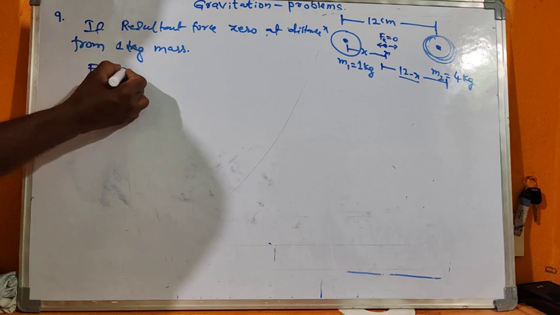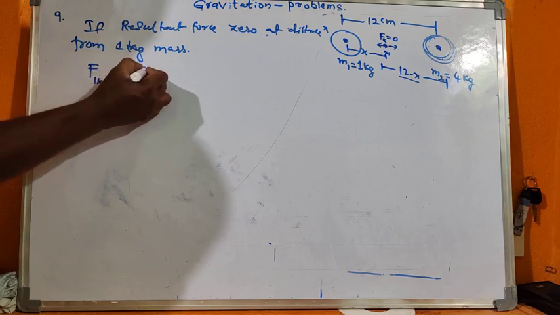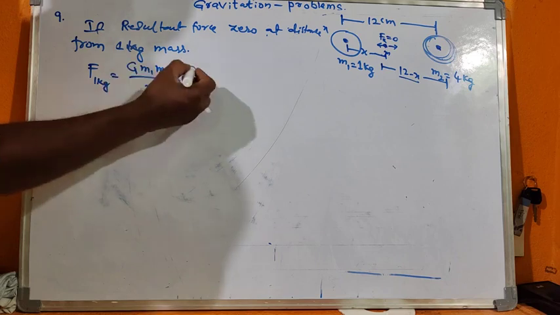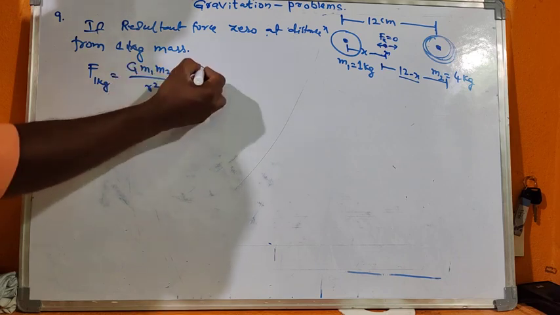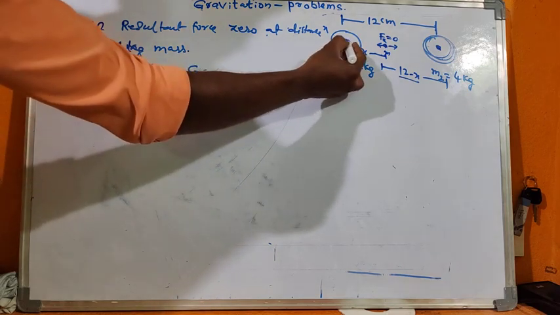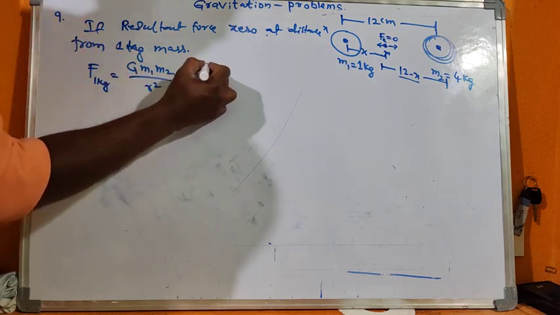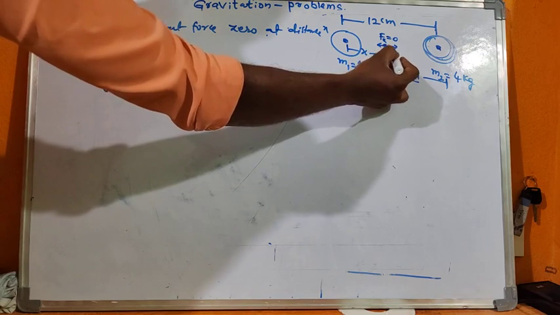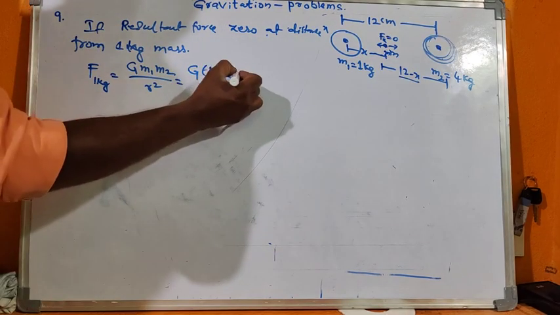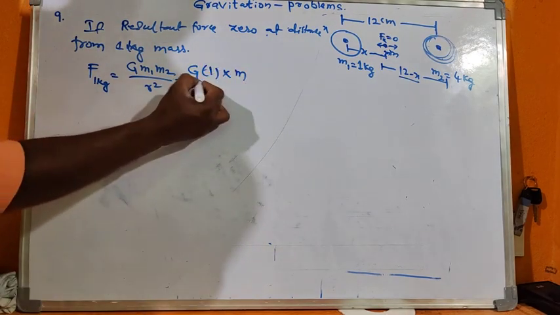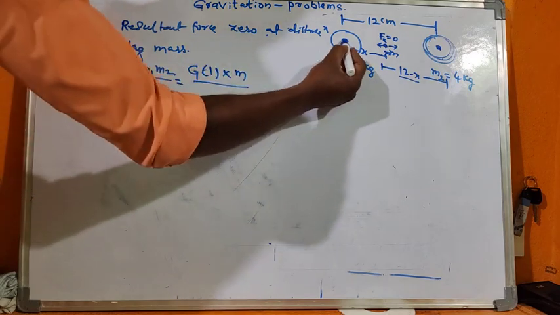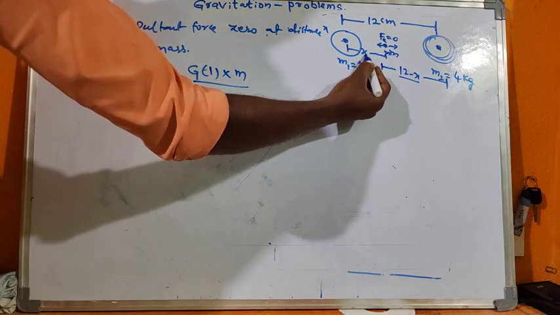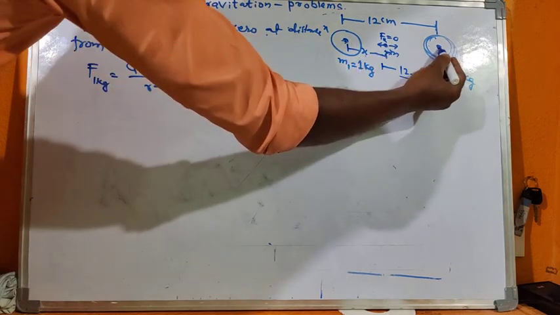Then the force by the 1 kg mass at that distance is G m1 m2 by r square. Here m1 is 1 kg, and we keep another object of mass m, and r is the distance from the 1 kg mass, which is x, not the 12 centimeters between the two objects.